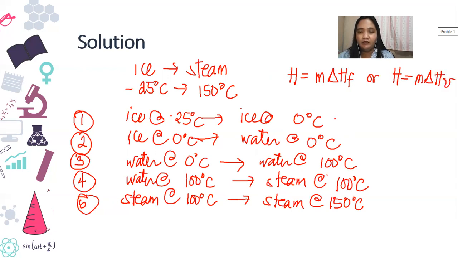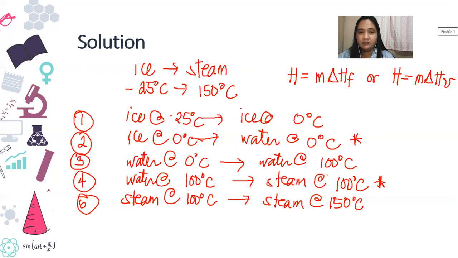But you can check. I said when there are phase changes. So where are the phase changes happening? This one, and I believe this one. Okay. So there are two parts in this 5-part solution wherein we'll be using this formula HF and HV.